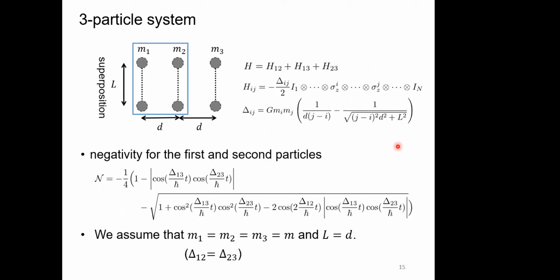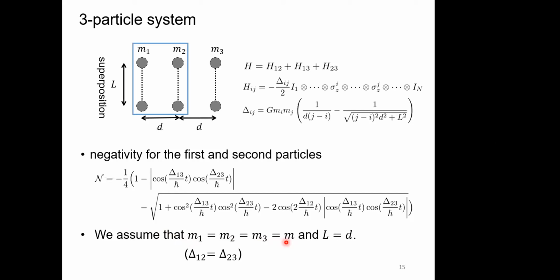Next, this slide shows a case for three-particle system. We can derive the negativity exactly from the reduced density matrix of the first and second particles. To simply investigate the entanglement, we here assume that the three particles have the same mass, so m1 equals m2 equals m3 equals m.